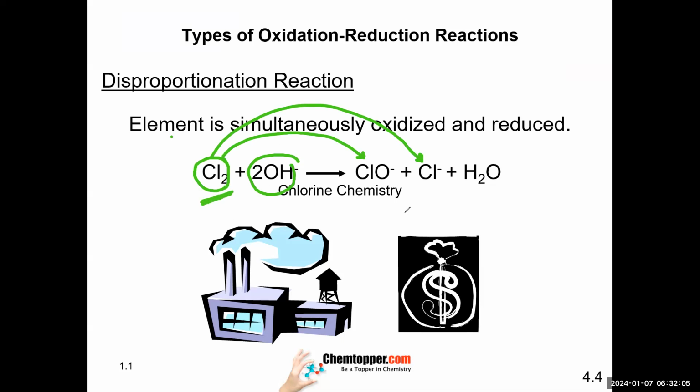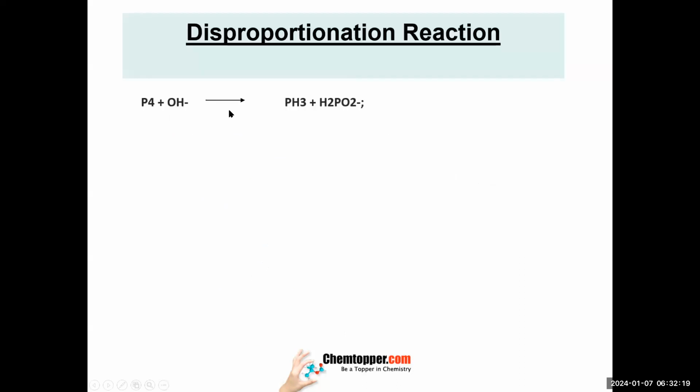One is getting oxidized, other one is getting reduced. Same element is getting oxidized and reduced. That is a disproportionation reaction. Now, this is also an example of disproportionation reaction, this one. So can we work on it? So let's start.